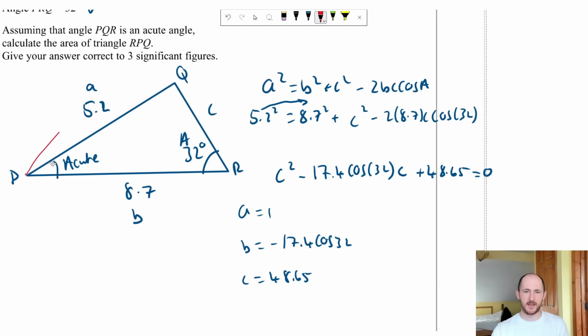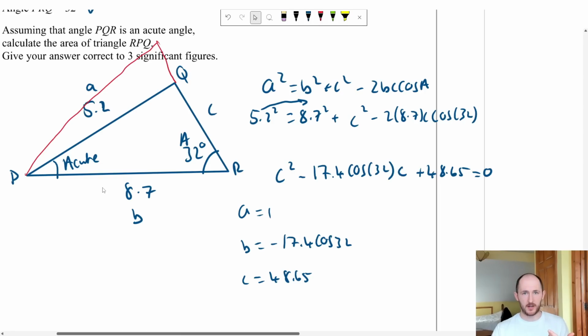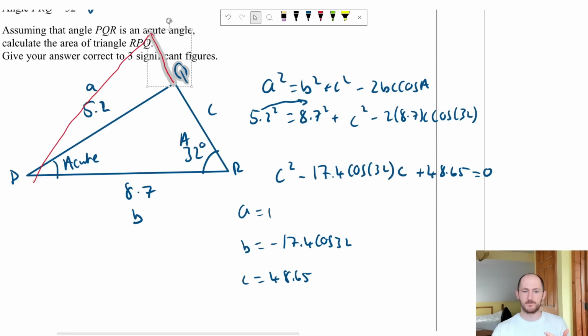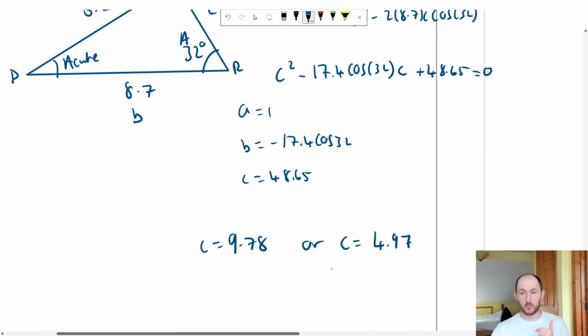Well, if I increase it a bit, can you see how the line gets longer, right? And if I keep increasing it more and more, the length of the line will get longer and longer to compensate. So, in other words, because this angle is acute, we take the smaller answer.